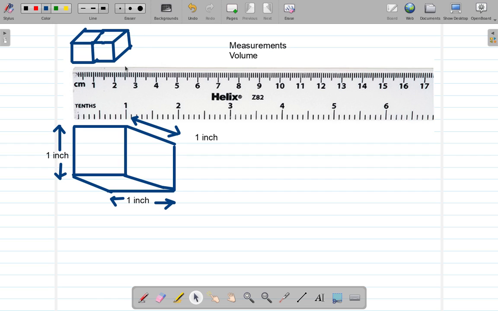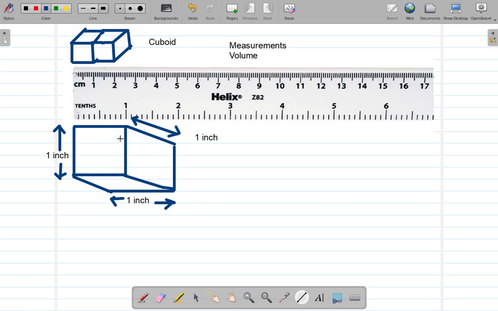Since the height, the width and the length are not all equal, you call this a cuboid. This is now a cuboid.